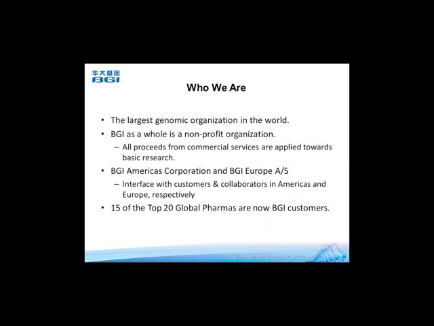So I guess a lot of you may or may not be familiar with BGI. I want to quickly introduce who we are. We are the largest genomic organization in the world today, and as a whole we are a nonprofit organization. So you see that we do work like this E. coli work to benefit mankind and advance science. We do have commercial services, and all the proceeds from commercial services are applied towards basic research.